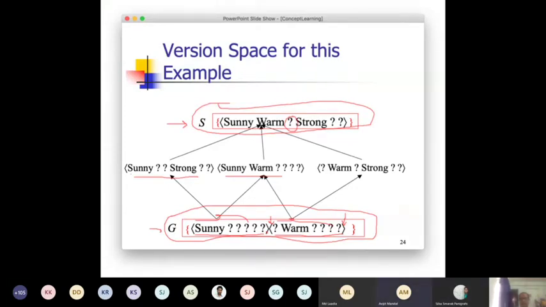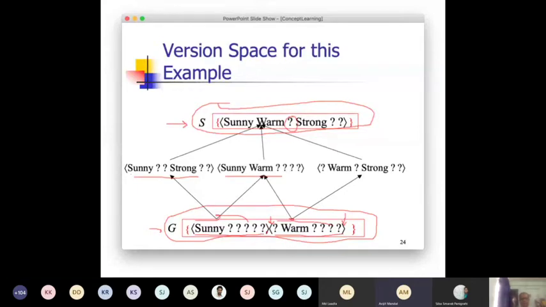Sir, the first argument, Sunny, out of 3 arguments. While we are searching, if the hypothesis is Sunny, Warm, ?, Strong, ?, and we find another positive example from the training set which does not include Sunny, like cloudy or rainy, then we make it a question mark. Yeah, that's right.